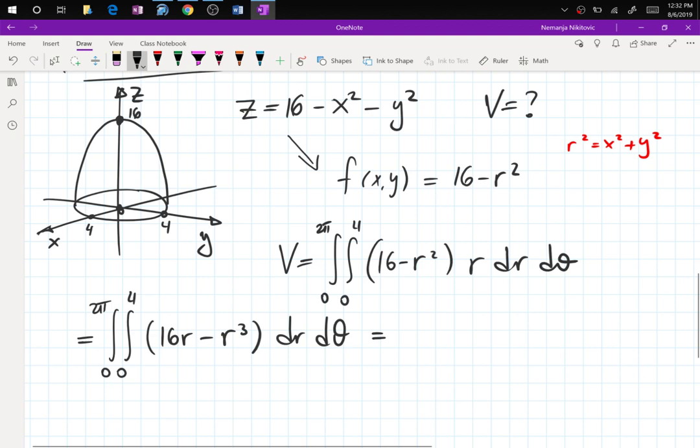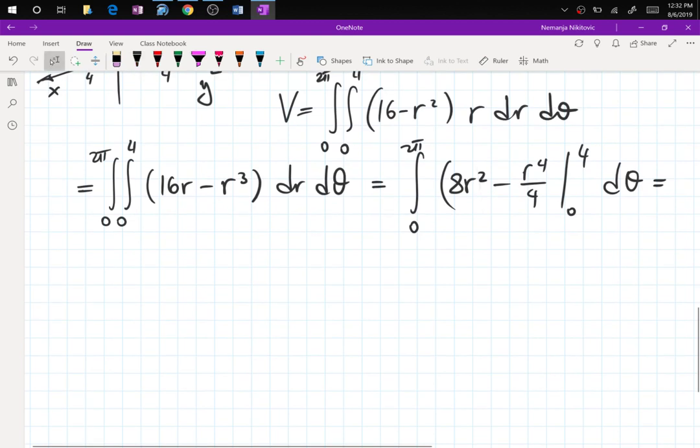Now, if I have this integral, we integrate the inner integral first. That's going to be 16r squared over 2, so 8r squared minus r to the 4 over 4, computed from 0 to 4. And we still have d theta to work out the second integral, from 0 to 2 pi. When I plug in, try not to compute if you don't have to.